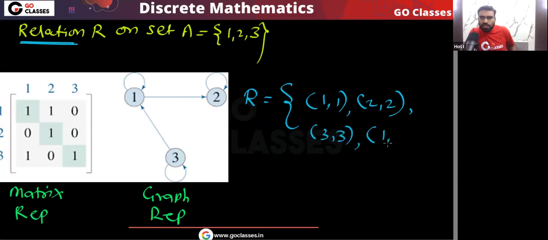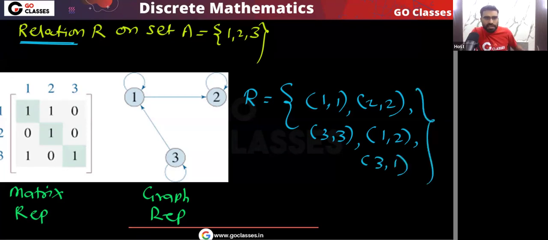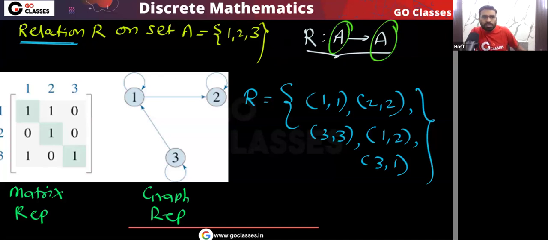Also, 1 is related to 2 and 3 is related to 1. This is the set representation that I can write, because you already know that this relation is basically from set A to set A. In the relation you will have ordered pairs. Elements of A are related to elements of A. So this is your set representation.